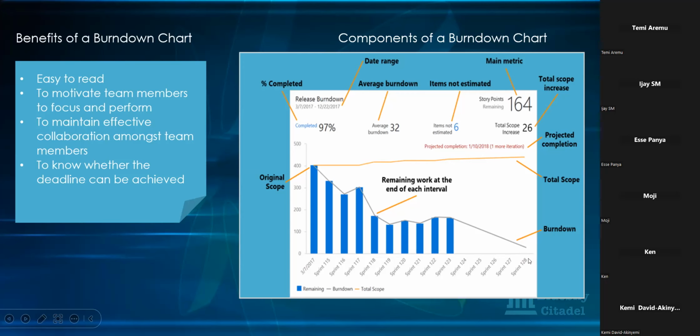But remember that the stakeholders have been told that that particular epic of features, they will have it at the end of sprint 128. But this burn down is now saying it's going to take one more sprint to do it, and it's projecting it on time, because you can see that they still have about 5 sprints to go.